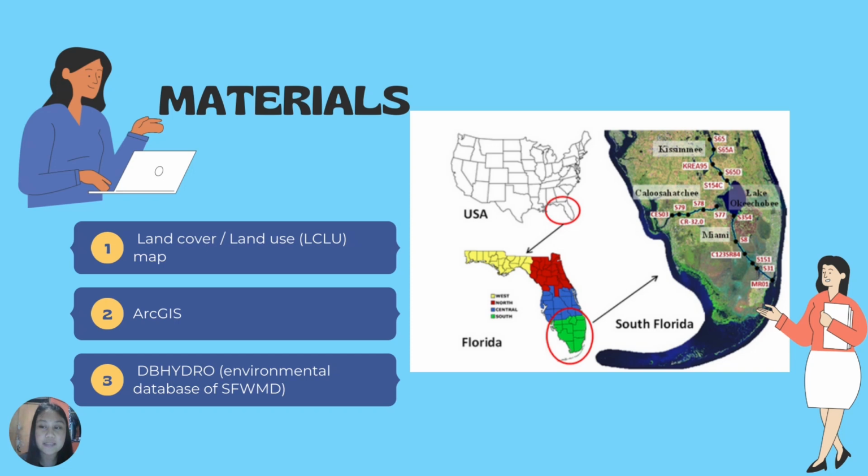The Geographic Information Data Catalog was used to delineate the flow lines of three selected rivers. The land cover and land use map provided by the SFWMD was used in this study. The data was clipped to fit the study area. The area of each type of land use within each watershed was calculated using ArcGIS.